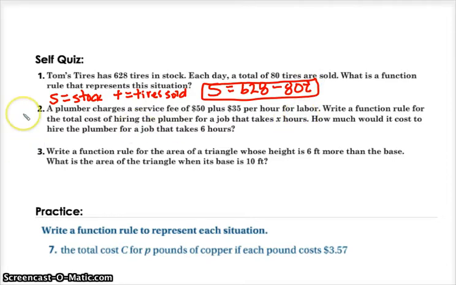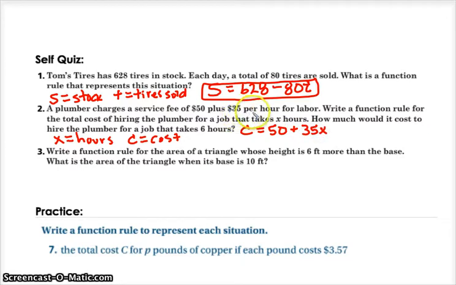How about number 2, where a plumber charges a service fee of $50 plus $35 per labor hour? So it looks like they want X to be our hours, and then C can be our total cost. So the total cost is going to be that initial fee of $50 plus $35 per hour.